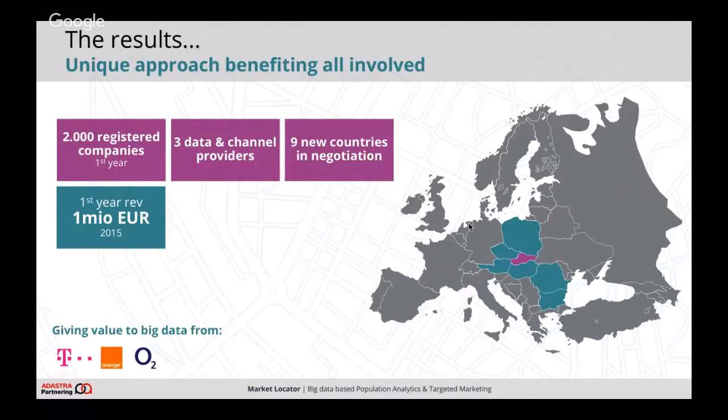We provided data and channels from 3 different partners: T-Mobile, Slovak Telekom on the local market, Orange Slovakia, and O2 Slovakia. The solution is currently expanding into further countries, so coming to markets near you.